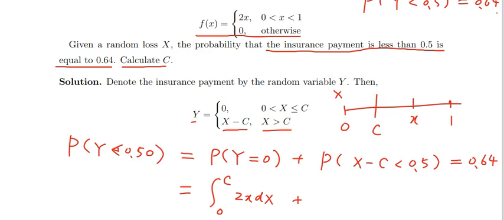So from c to x. Okay, so this is actually this probability: x less than 0.5 plus c. But this x actually is larger than c, right?